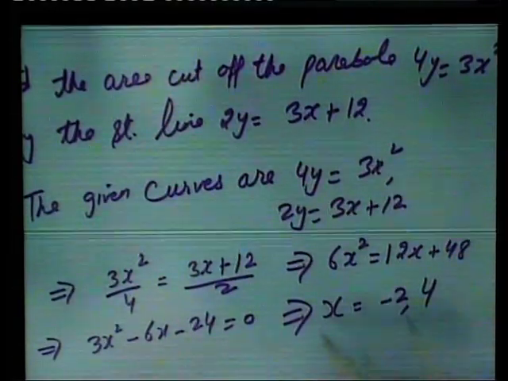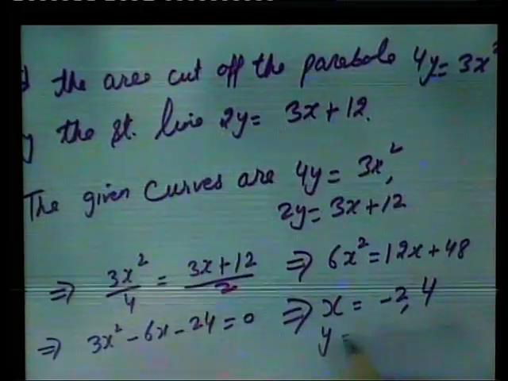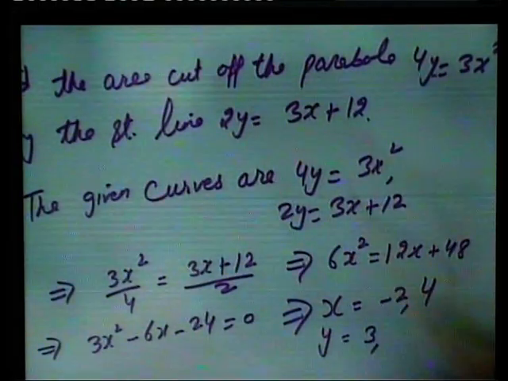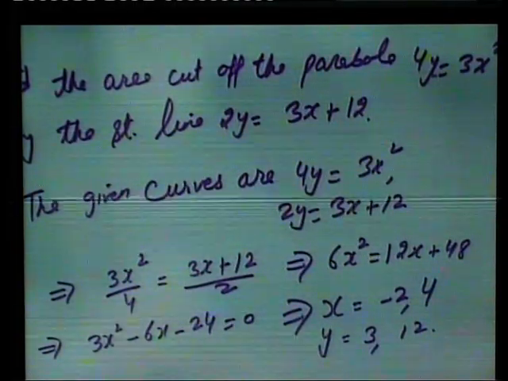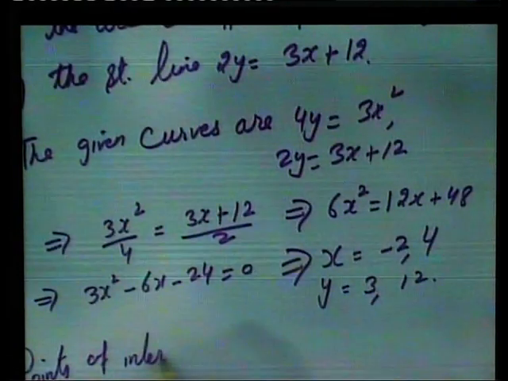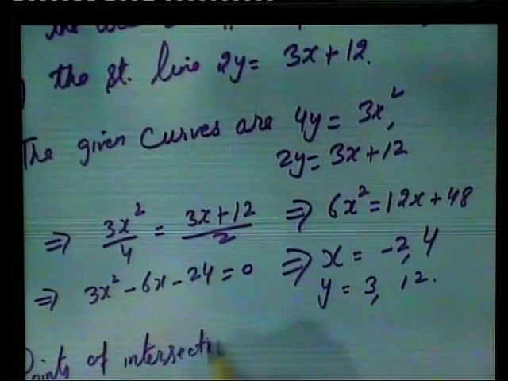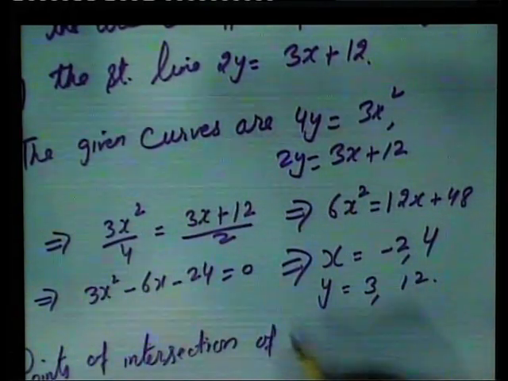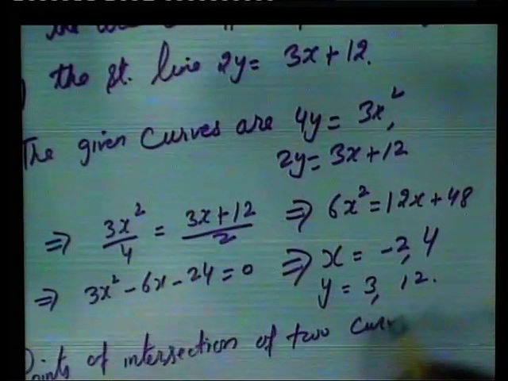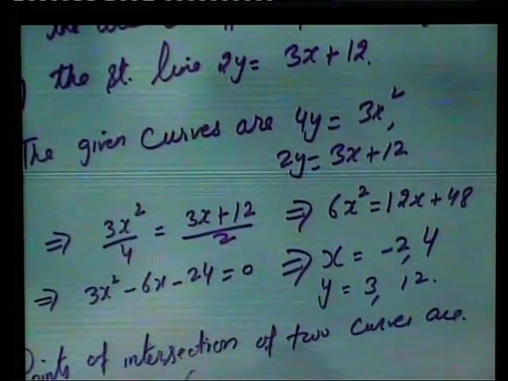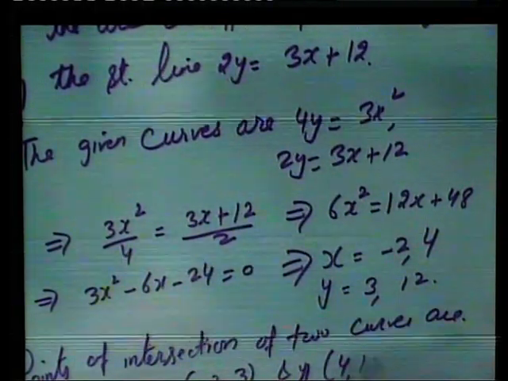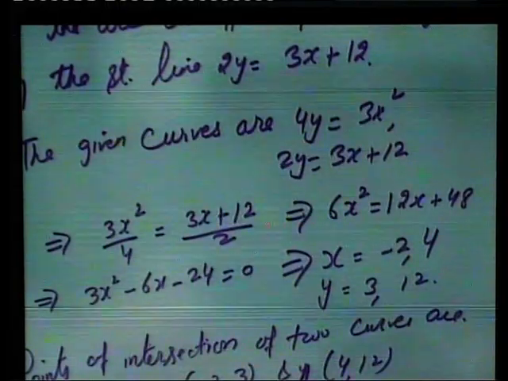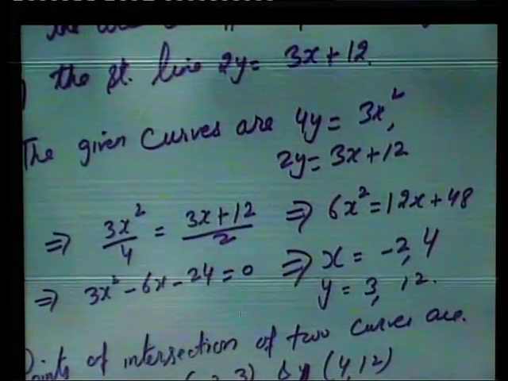If x is minus 2, we get y is equal to 3, and if x is 4, y is equal to 12. Points of intersection of two curves are minus 2, 3 and 4, 12.